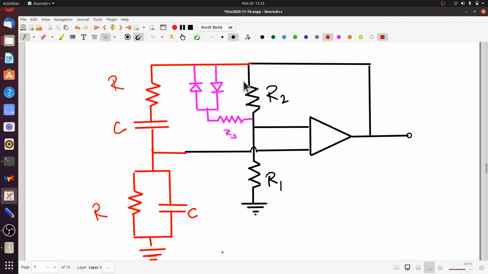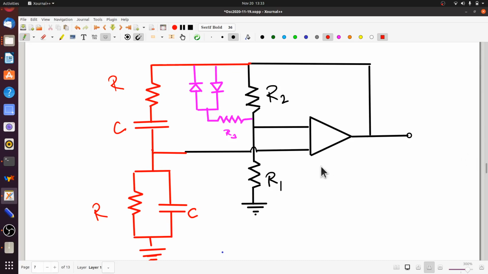So this is how essentially the diode resistance combination limits the output in a Wien Bridge oscillator. Why do you need two diodes? Because you want to limit both the positive half of the cycle and the negative half of the cycle. If you had used only one diode, then only one half of the cycle would have been limited in amplitude, and you would have had saturation and hence distortion in the other half of the cycle.